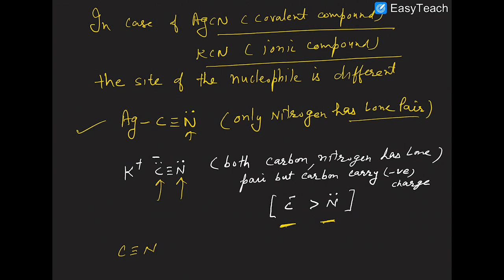Are you sure about that? And a stronger base is also a stronger nucleophile if they are in the same period. And bulkiness is not the problem here because CN negative is present, so no bulkiness in the nucleophile occurs.